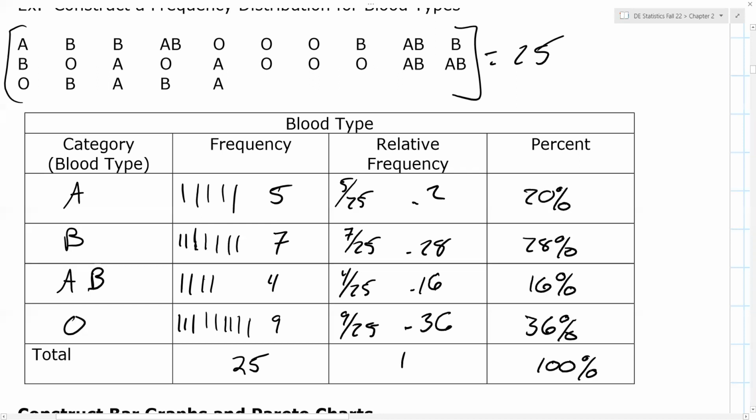And then we can do those totals to double check to make sure that our numbers match up and we've done that work correctly.